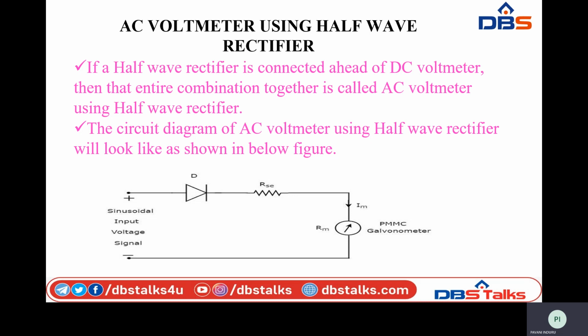The average voltage can be determined with the help of the PMMC galvanometer. And in the negative half cycle, what will happen? The diode becomes reverse biased, so it won't allow current to pass through it. That is why there is no voltage for negative half cycles.